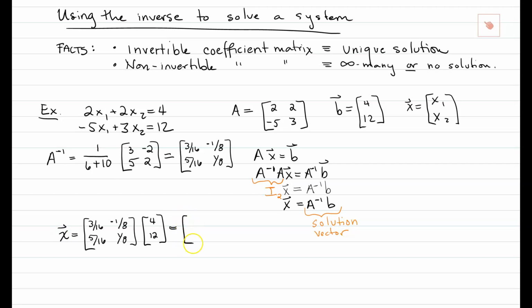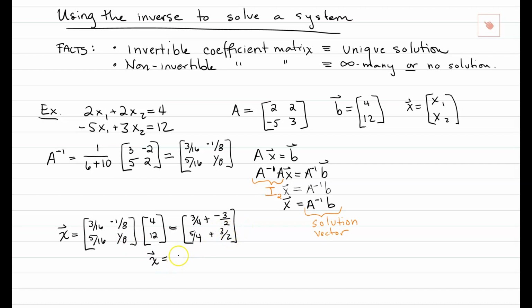So we'll have 4 times 3/16 minus 12 times 1/8. So 4 times 3/16, that's 3/4, plus 12 times negative 1/8, so that's negative 3/2. The bottom one, let's see, we're going to have 5 times 4, so that's 20/16, so that's 5/4, plus, again, 12 times 1/8, so that's plus 3/2.